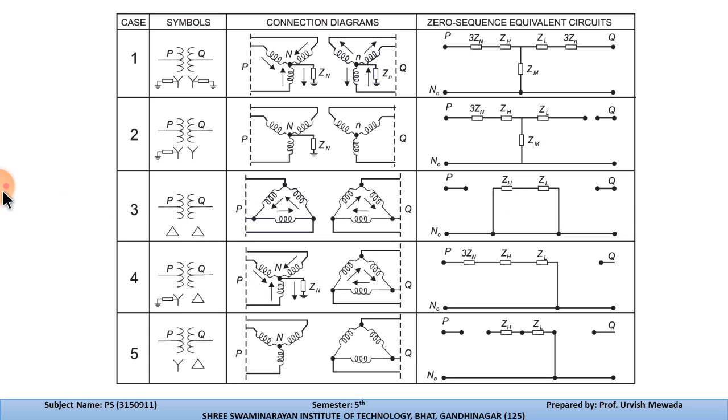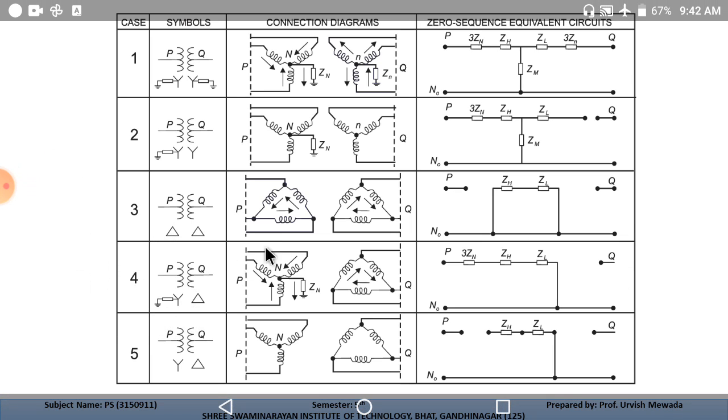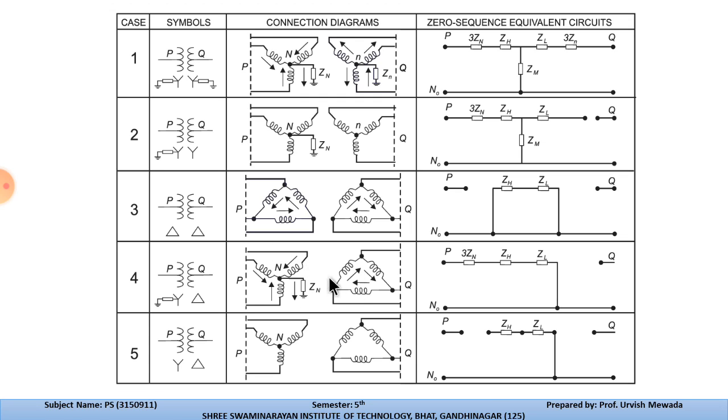P is having a star connection which is grounded. In this you can see that the primary is in star and grounded, and the secondary is delta. This is the connection diagram shown for both the primary and secondary.